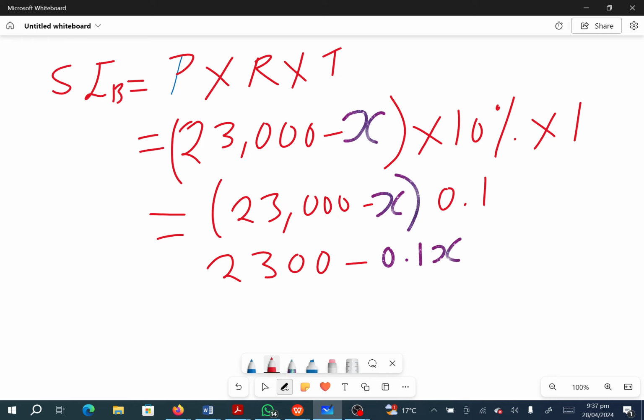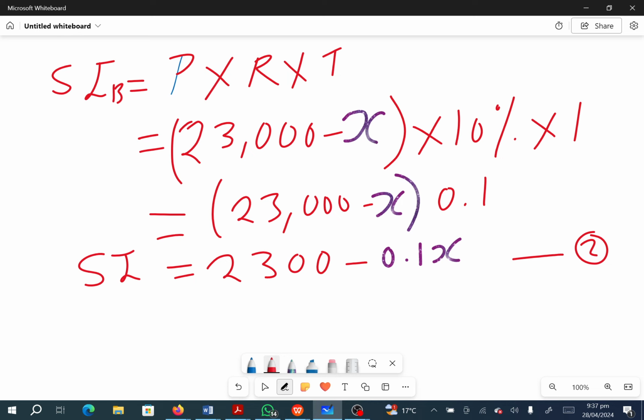So at this point, we have now two equations. This is equation 2. Then on the other end, we have equation 1.